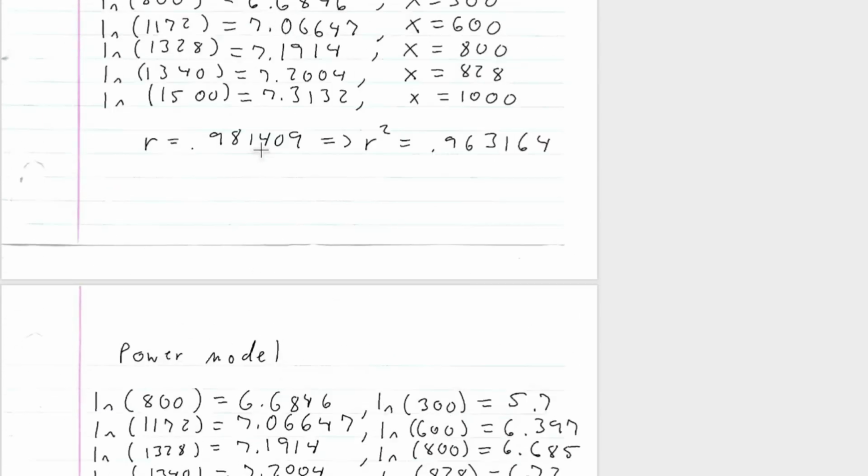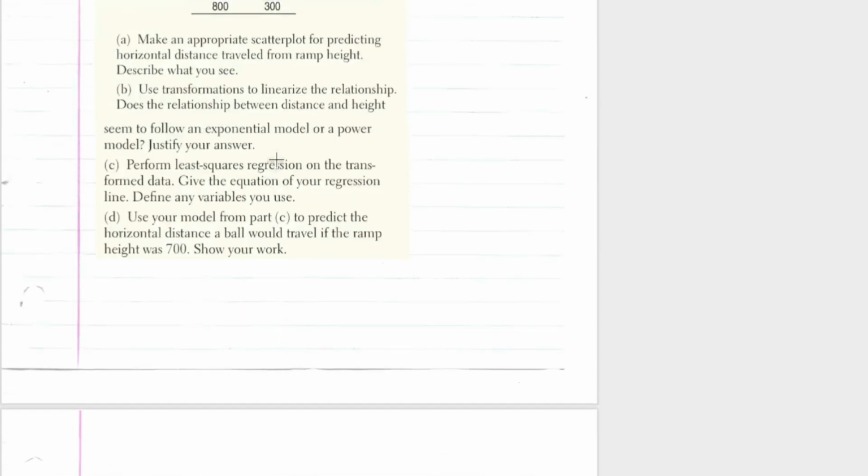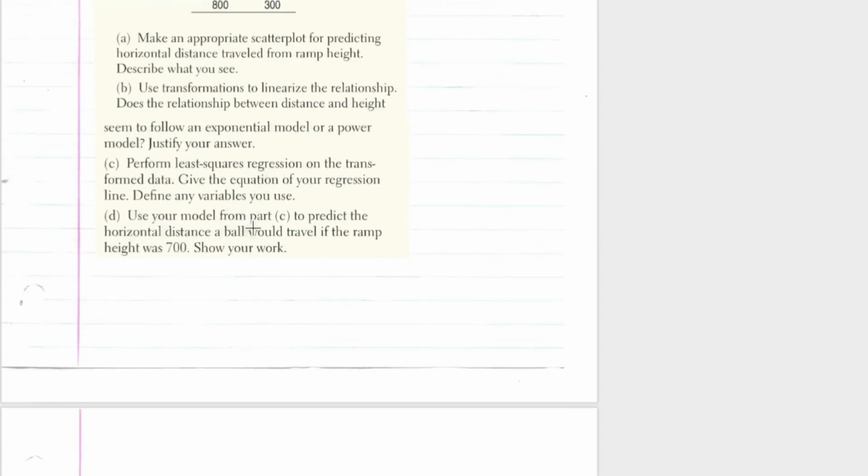Okay, so now let's go ahead and do part D. Use the model from part C to predict the horizontal distance a ball would travel if the ramp was 700.